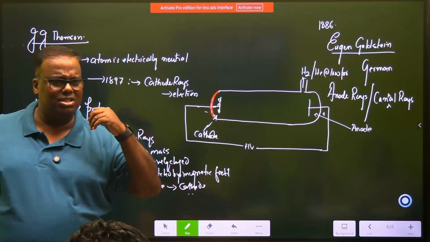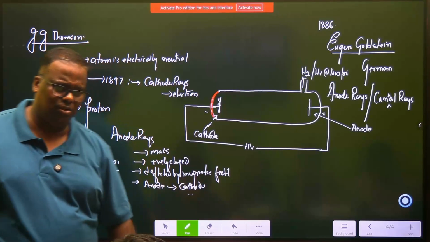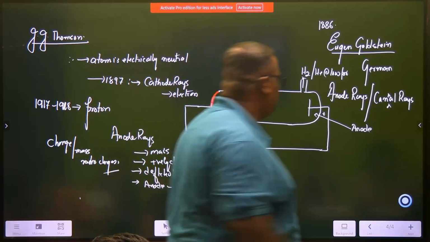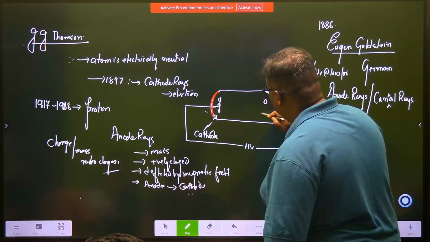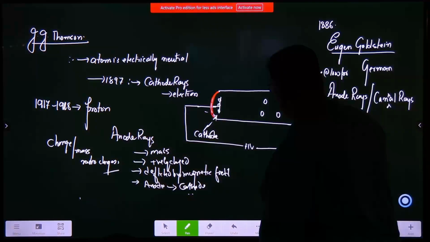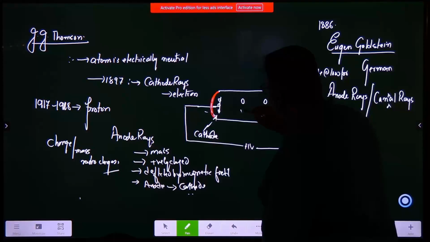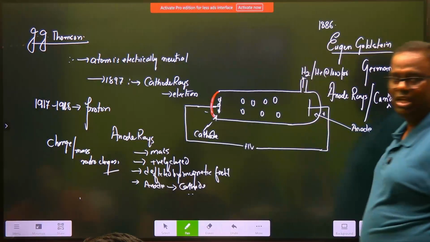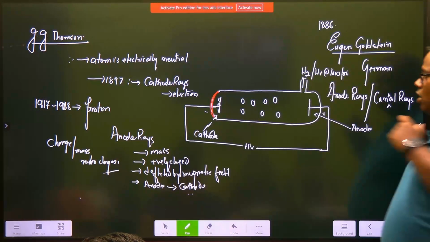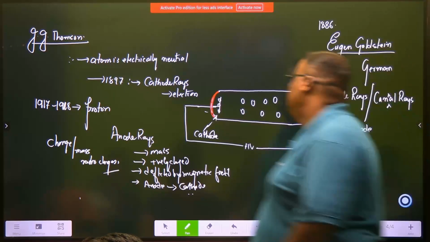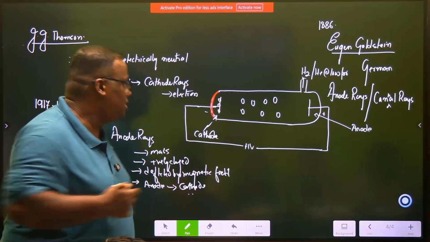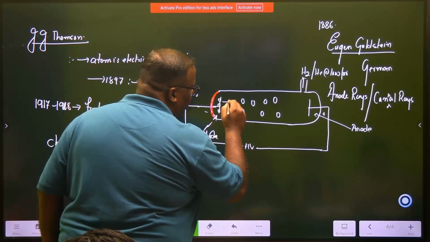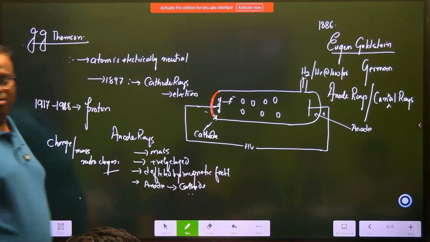So the question is, what are these anode rays at the end of the day? See what happens: there used to be atoms of the gas out here, atoms of whatever hydrogen gas or helium gas you have taken. When you apply high voltage, cathode rays will be moving, which we have just discussed. What are cathode rays? Cathode rays are moving electrons.